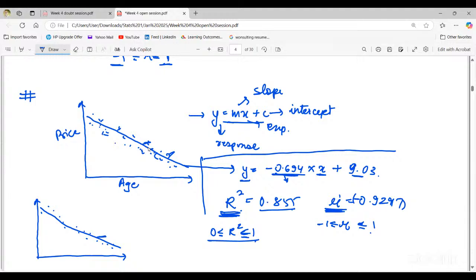See, this line is not actually touching the points. It is just showing you a trend line.